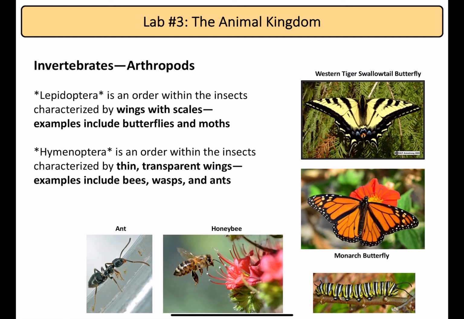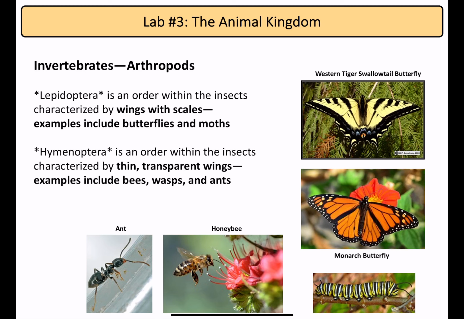Group number 3, which includes the butterflies and moths, are an order of insects that have wings with scales. Interesting fact is their wings are actually composed of sugar. So we talked about how arthropods have that exoskeleton composed of a sugar. This is part of that exoskeleton, their wings themselves.